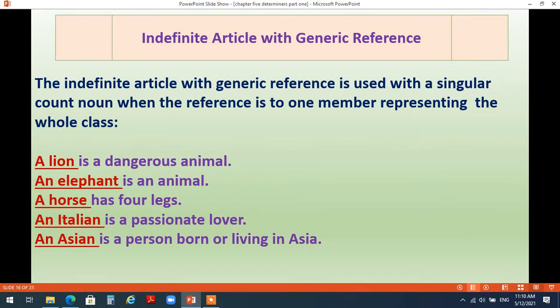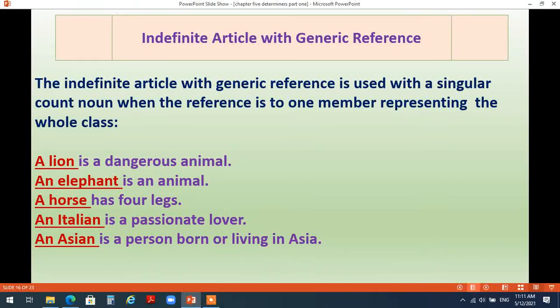For example, if you say a lion is a dangerous animal, here we used the singular count noun lion to refer to the whole class of lions. Or when you say an elephant is an animal, again we used a singular count noun to refer to the whole class of elephants.